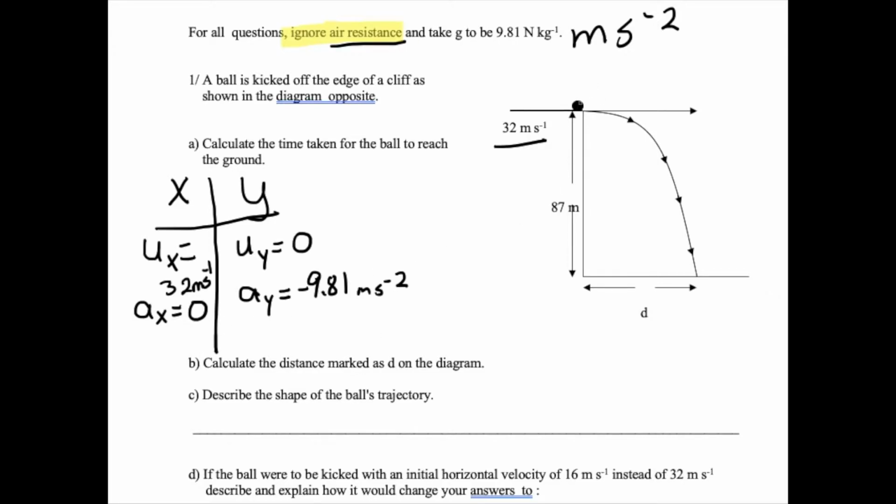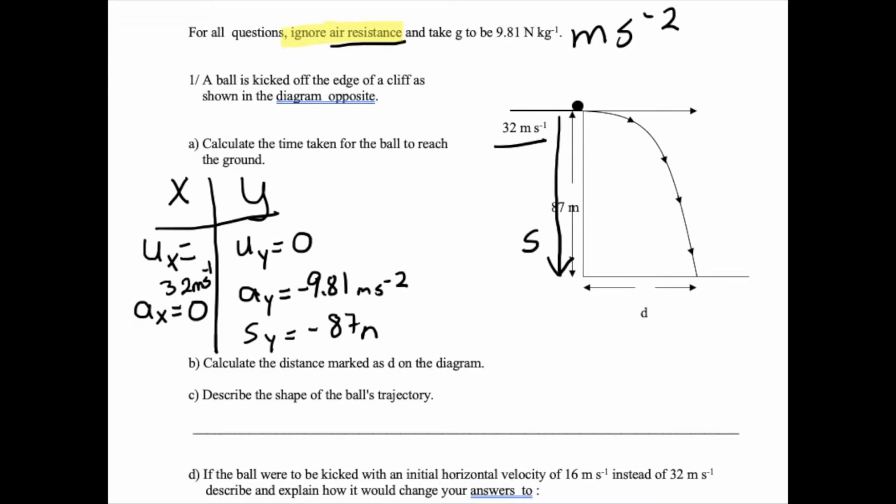This ball is going to follow this path where it falls for a distance of 87 meters. So the displacement along the y is negative 87 meters because it lands 87 meters lower.